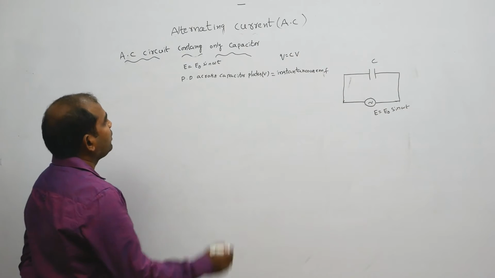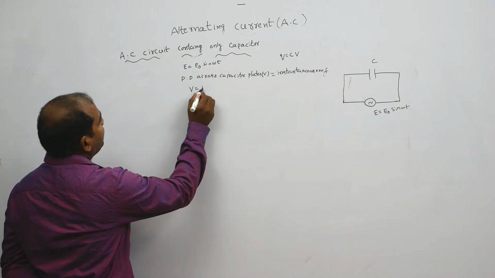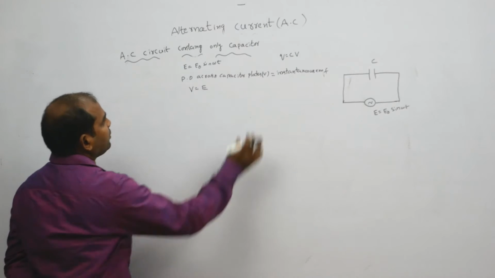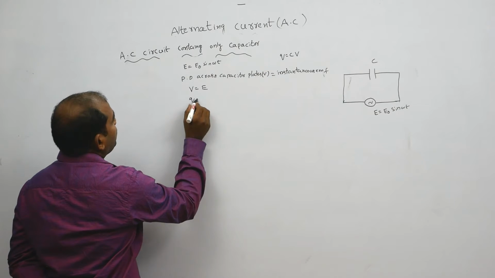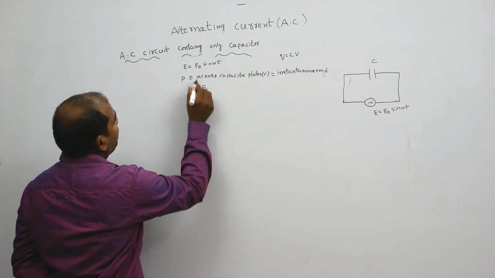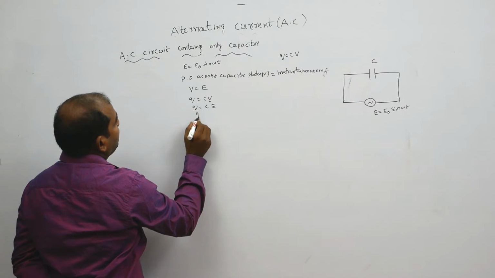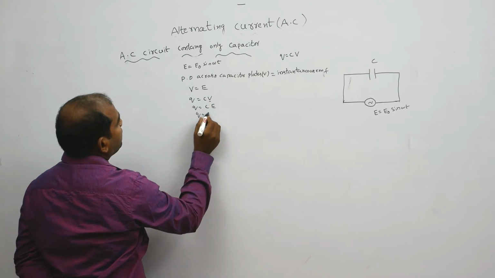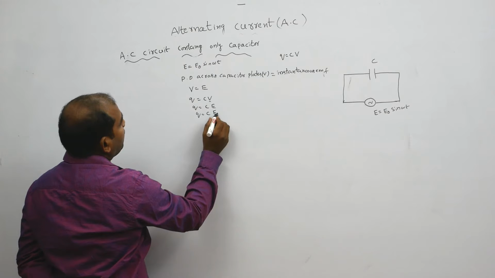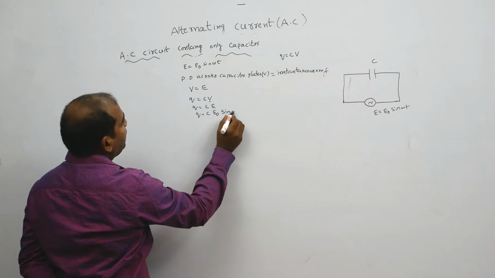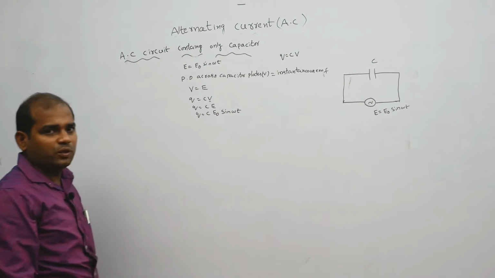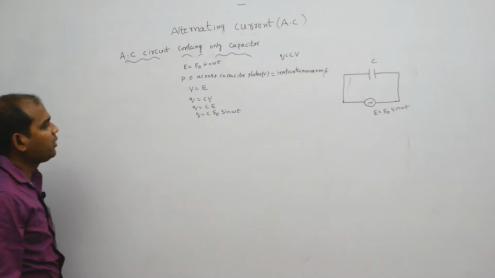That means V is equal to E. Based on this, Q is equal to CV. In the place of E we can write E naught sin omega t, so Q is equal to C E naught sin omega t.